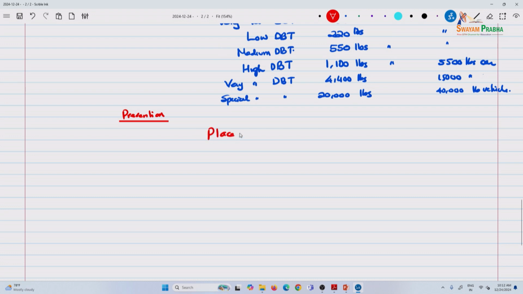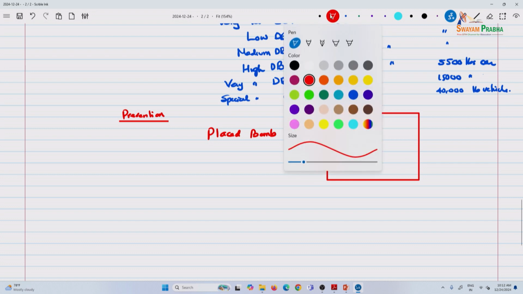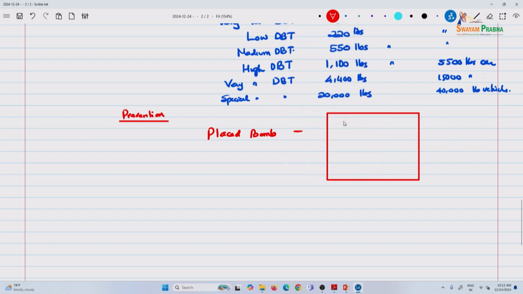So for a placed bomb, you're looking at several ways to prevent it. You can eliminate trash containers wherever they are. That's an easy way, small things that you can do.